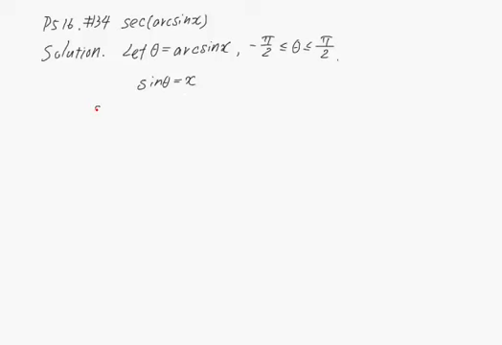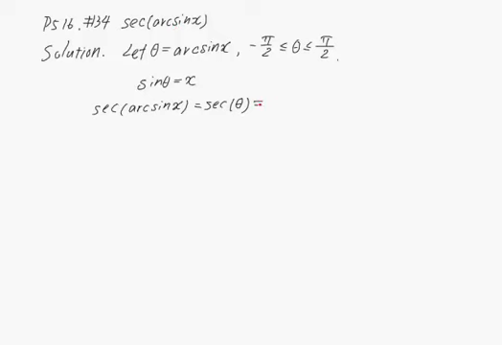So now secant of arc sine x is equal to secant of theta. We need to express secant theta in terms of sine theta so that we can express this in terms of x.